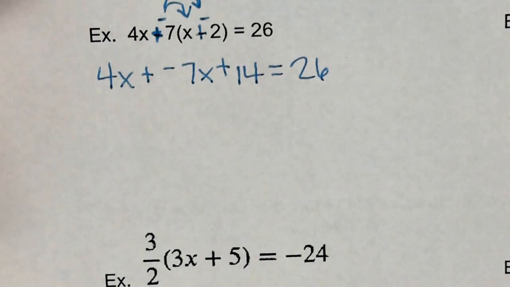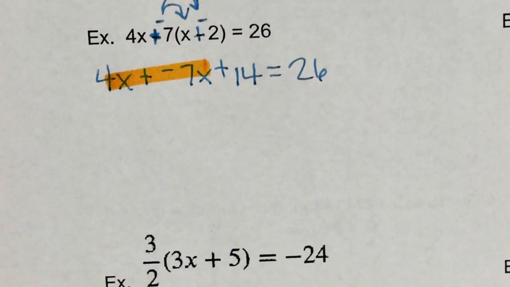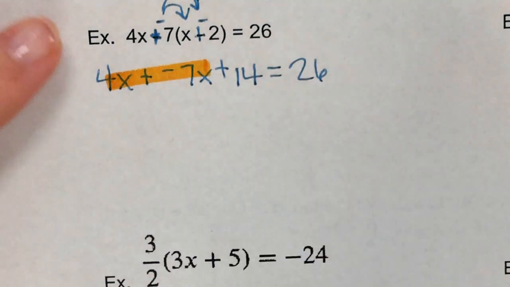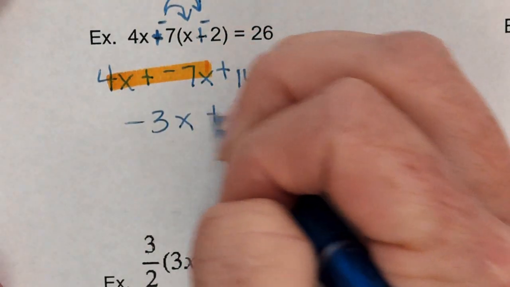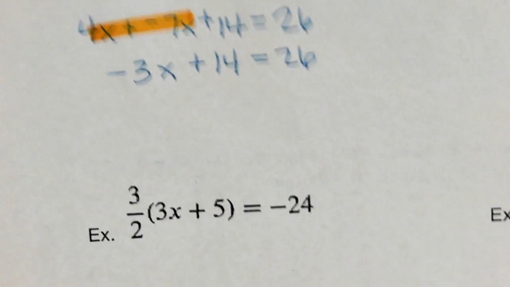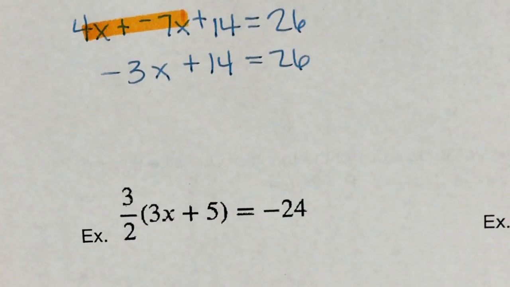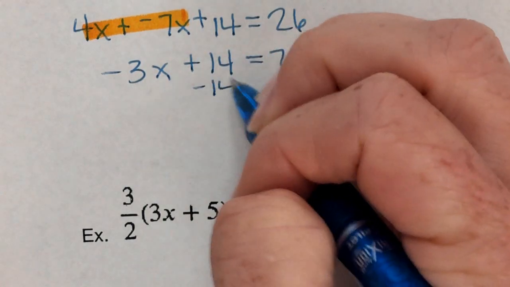I am now going to combine like terms. What is 4 plus negative 7? Please use your calculator if you're not good at integers. Negative 3x plus 14 equals 26. How do I get rid of the constant? Subtract 14.